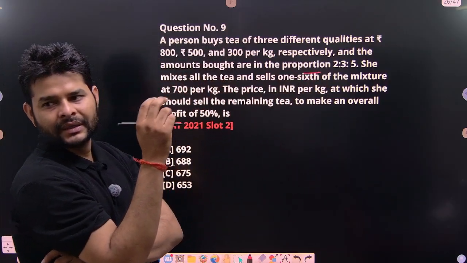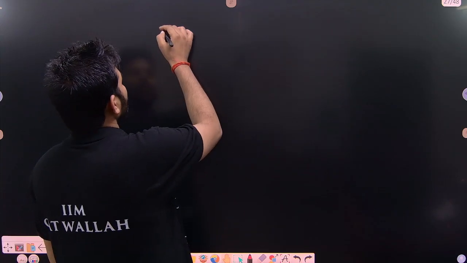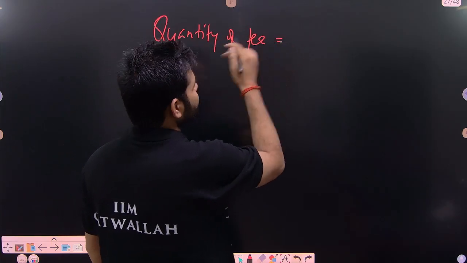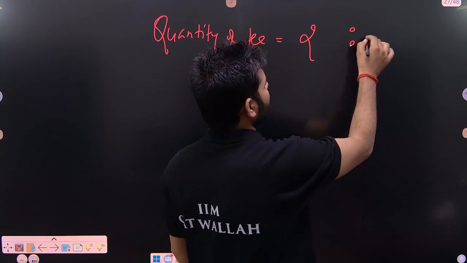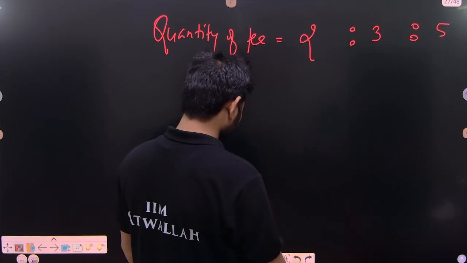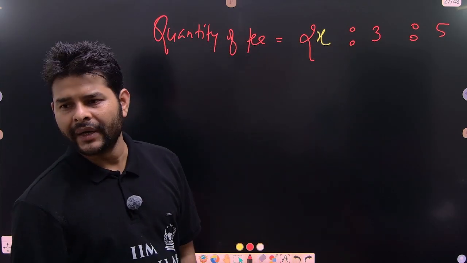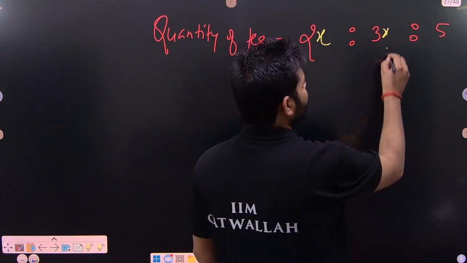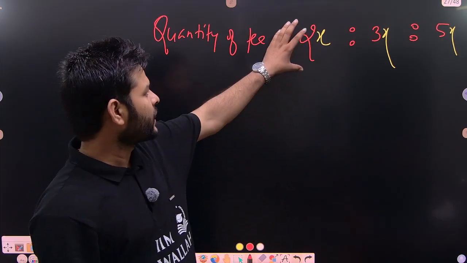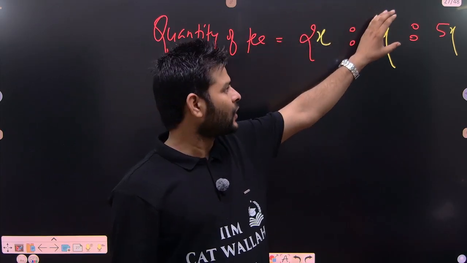Basically, the quantity of tea is in the ratio 2:3:5. So suppose that man bought 2x kg of superior quality, and 3x of medium quality and 5x of inferior quality.